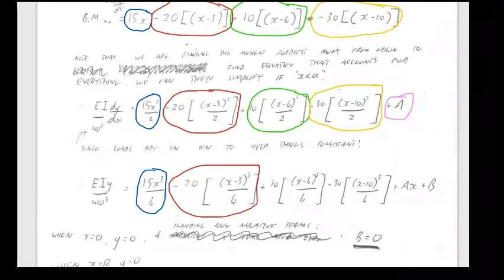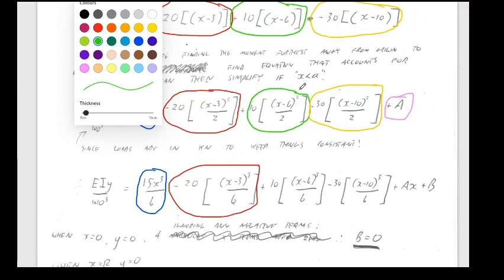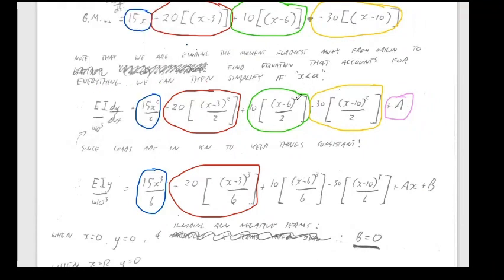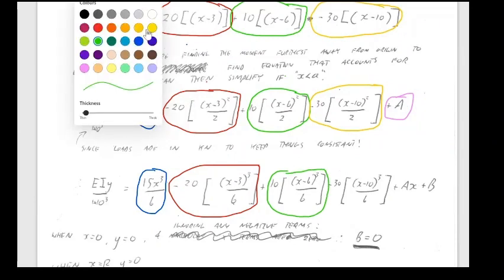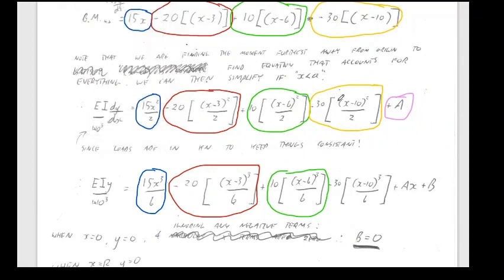And then we've got the green term, 10 times x minus 6 squared over 2 becomes 10 times x minus 6 cubed over 6. And then the gold term, minus 30 times x minus 10 squared over 2 becomes minus 30 times x minus 10 cubed over 6.